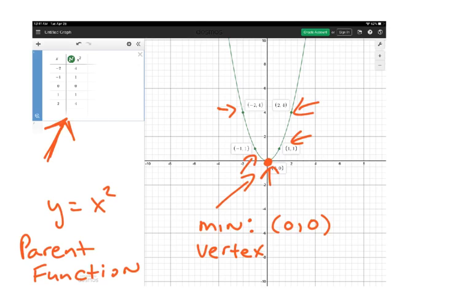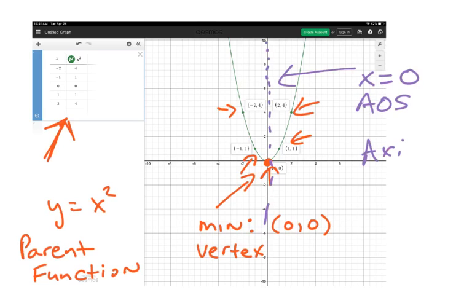One value that we will discuss later on in more depth is this line that goes straight down. This line going straight down is a vertical line, and vertical lines we call x graphs, and this is x equals 0. X equals 0 is something that I'm going to abbreviate AOS, which stands for Axis of Symmetry.